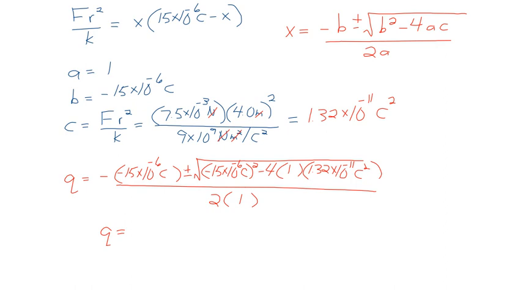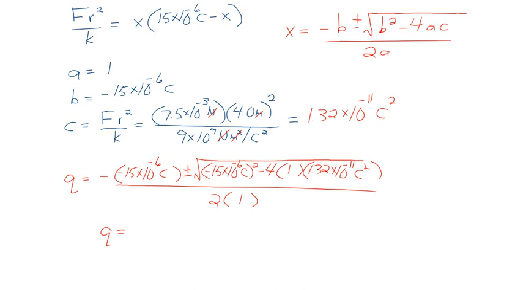Let's see what happens if I make it plus. So that's my answer in my calculator. To that number, I'm going to add this right here, because minus minus makes a plus. So plus 15 EE negative 6 equals, and I have 0.0000281, and now divide that by 2.